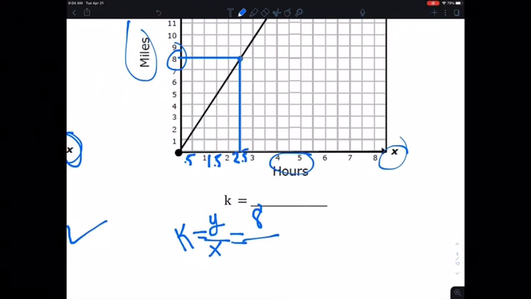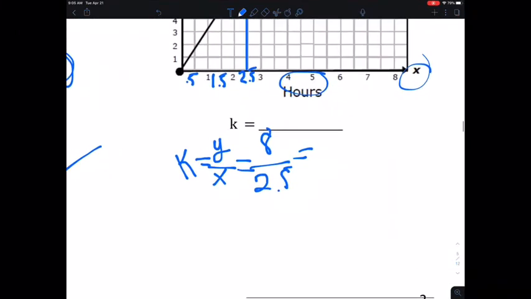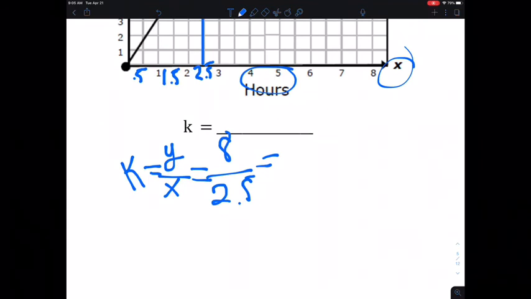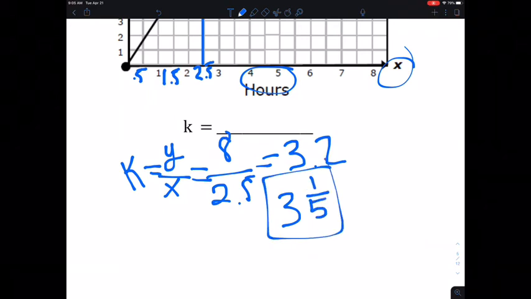So 8 divided by 2.5 right here. We can simplify that to 3.2, or you could do 3 and 1/5 as your answer.